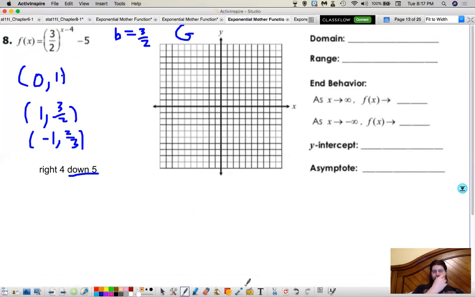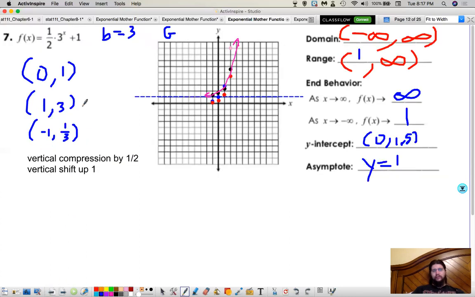So let's try this. If you want to, you can manipulate these points right now. Instead of actually graphing them and then moving them, since it's only shifting, you could do it to anything. We could figure out the values here. We multiply the y values by 1/2 and then add 1 to them. So 1/2 of 1 is 1/2 plus 1 is 1.5. That one right there. 1/2 of 3 is 1.5 plus 1 is 2.5.